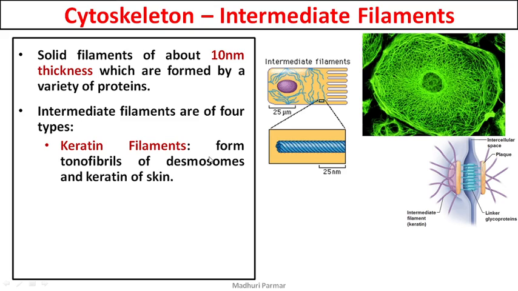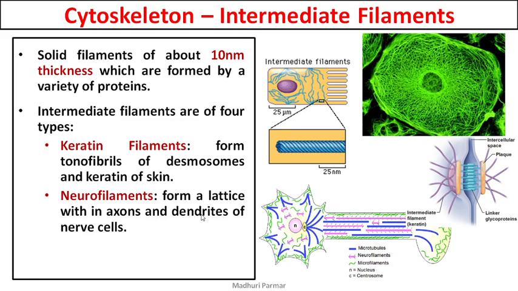We have studied it in the context of our chapter, in desmosomes. Remember the cell junctions. This is one type of cell junction, which is the desmosome. The desmosome is actually stabilized by these fibers, and these fibers are nothing but intermediate filaments of keratin. They are called tonofibrils in case of desmosomes.